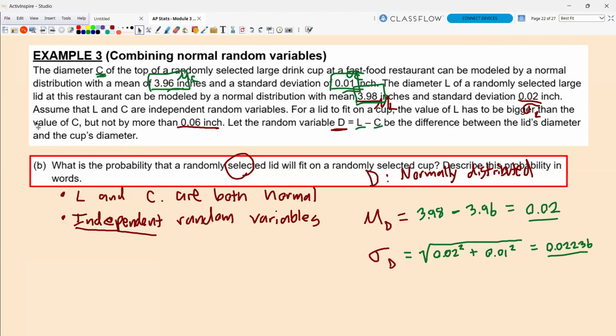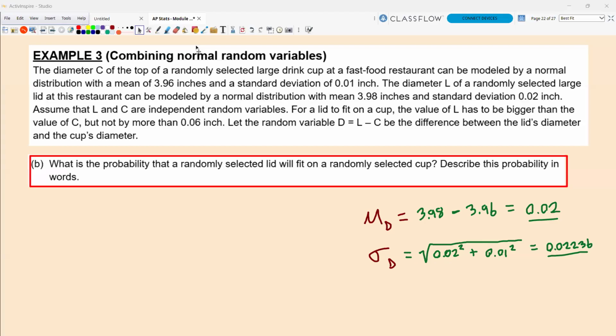Part B, what's the probability that a randomly selected lid will fit on a randomly selected cup? Describe this probability in words. Recall from the problem, it said for a lid to fit in the cup, the value of L has to be bigger than the value of C, but not by more than 0.06 inch.